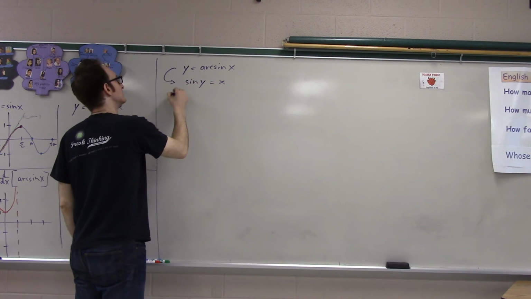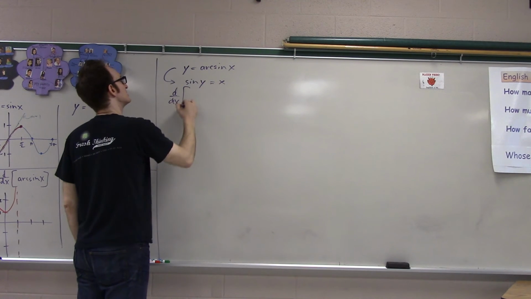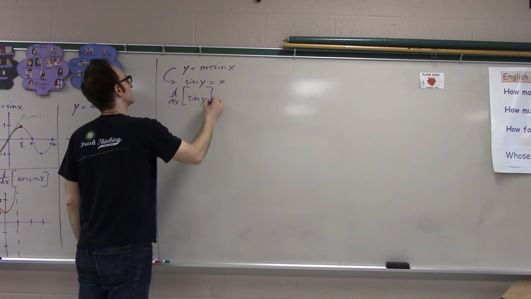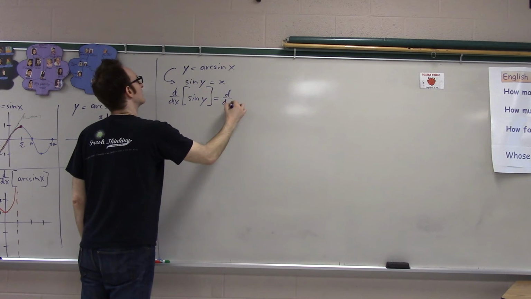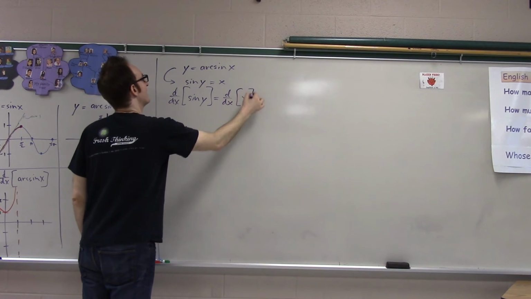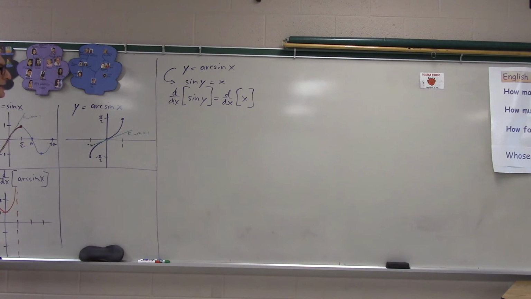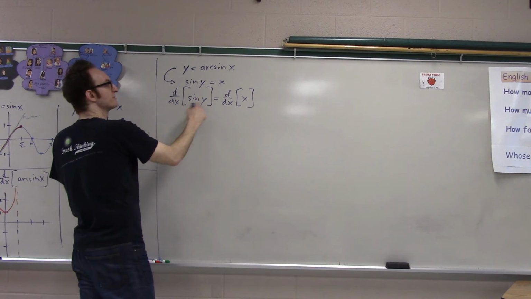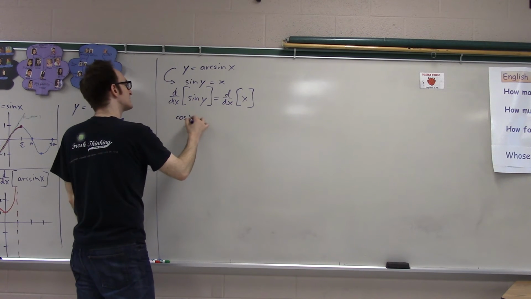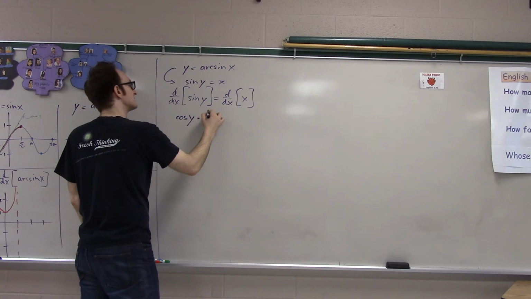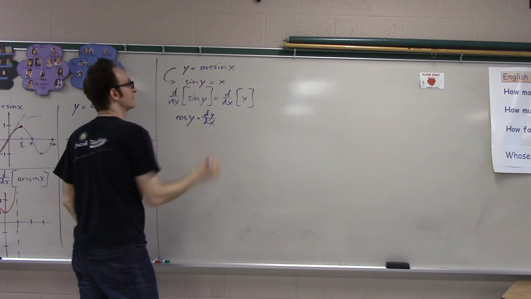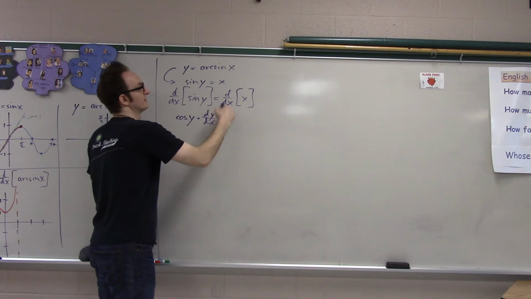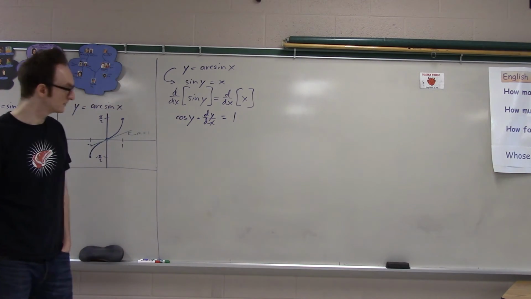All right, now I differentiate both sides with respect to x. The derivative of sine y, well, the derivative of sine of something is cosine of something, times the derivative of the something. And the derivative of x is just 1.